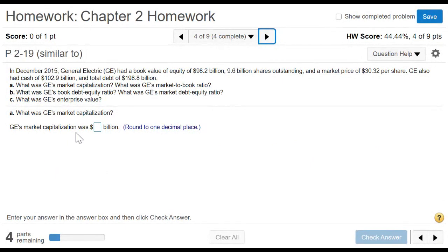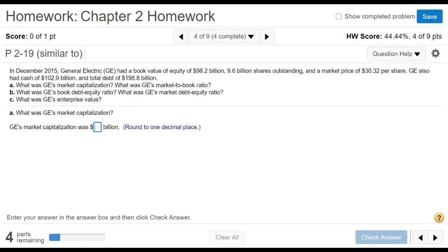All right, let's do this one and see what happens. What do I do here? Market capitalization. 9.6 times 30.30. 291.07.